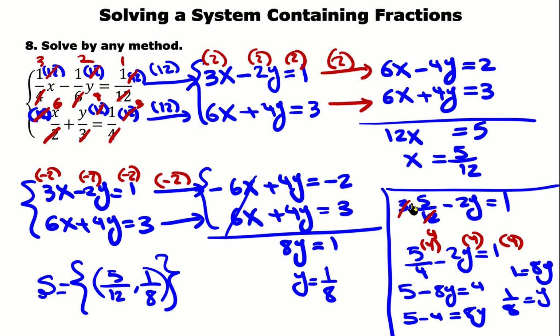But if the fraction is simple enough, like 5/12, and the numbers are cooperative, like notice here, these canceled out, then you could always just plug in to get the value rather than go through and eliminate again. But notice here we eliminated twice. We eliminated y first, we got the x value, then we eliminated x, and we got the y value, and that's always an option. So that basically shows you how to do all these problems and solve them.